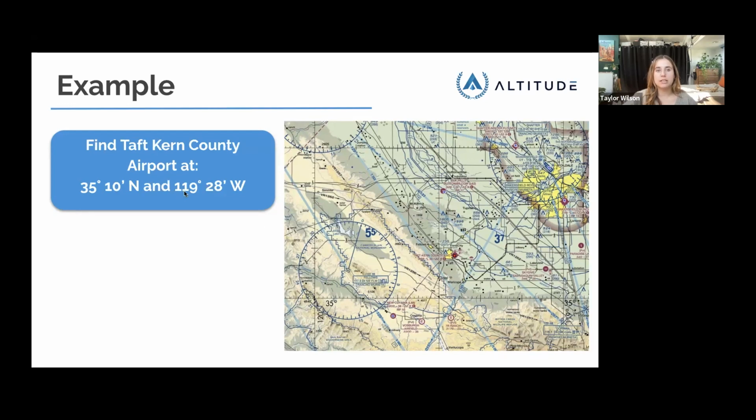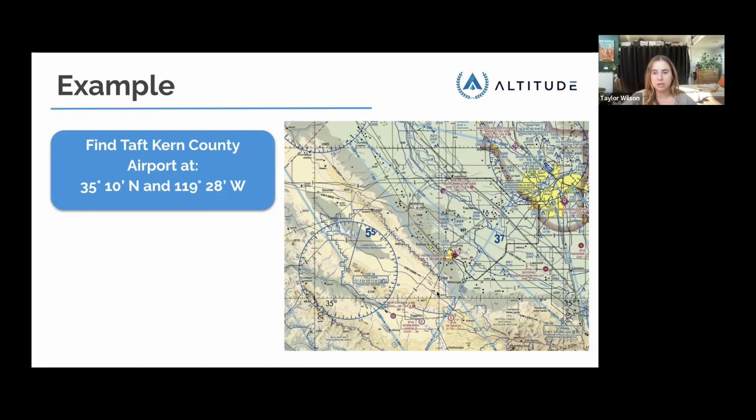Then we have 119 degrees, 28 minutes west. So we have 119 degrees here, we have 120 here. We know right down the middle of the two is our 30-minute mark. So instead of counting 28 tick marks up, we're just going to go to the 30 minutes and then count 2 minutes back. It's a little bit quicker that way.